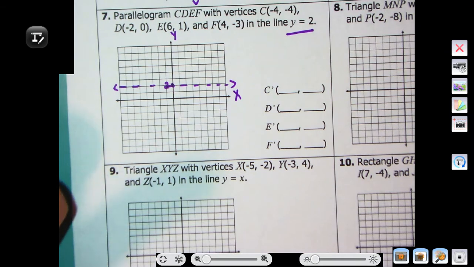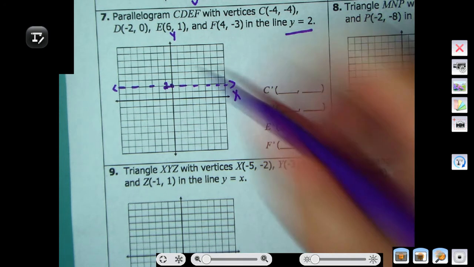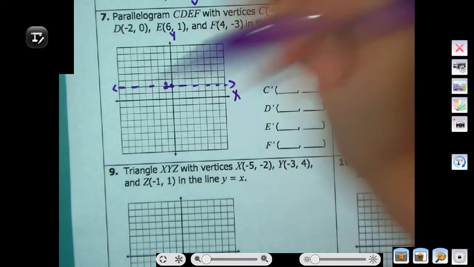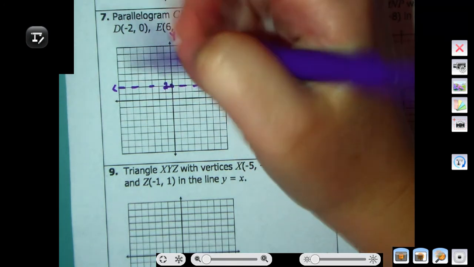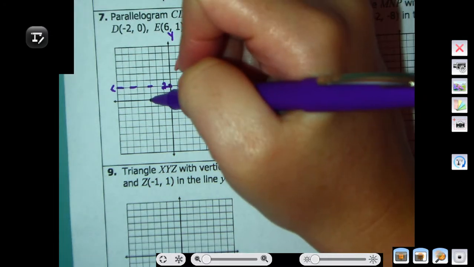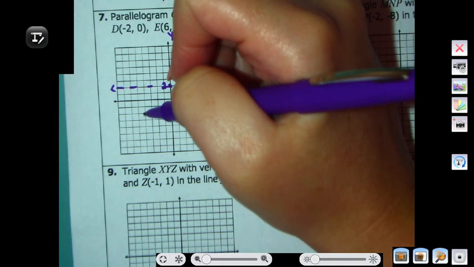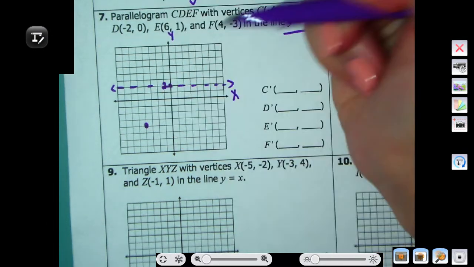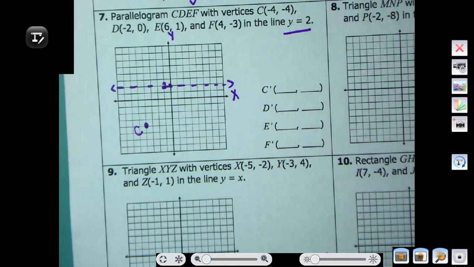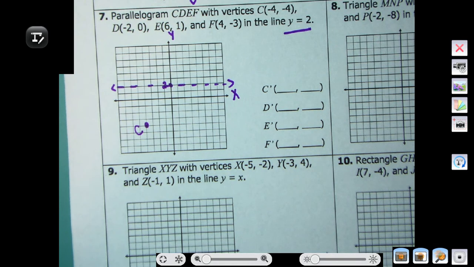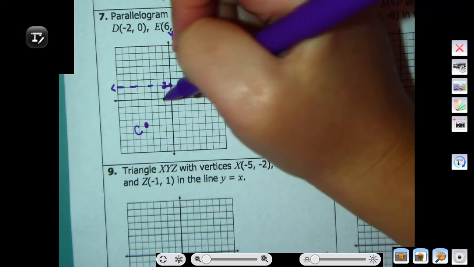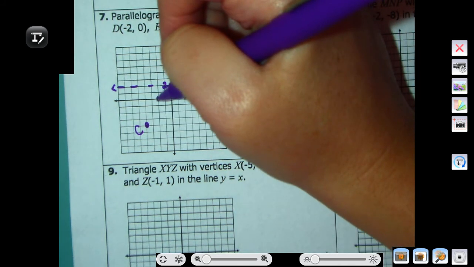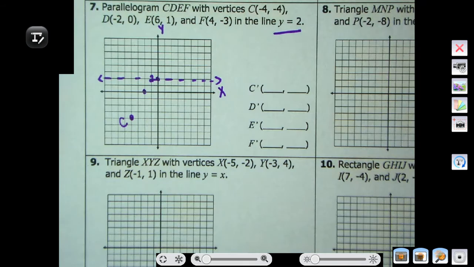So first, let me plot my parallelogram. My first point is 1, 2, 3, 4, negative 4, and down 4. So 1, 2, 3, 4, down 1, 2, 3, 4, and that's C. Then I will plot D, which is negative 2, 0. So 1, 2, and 0.